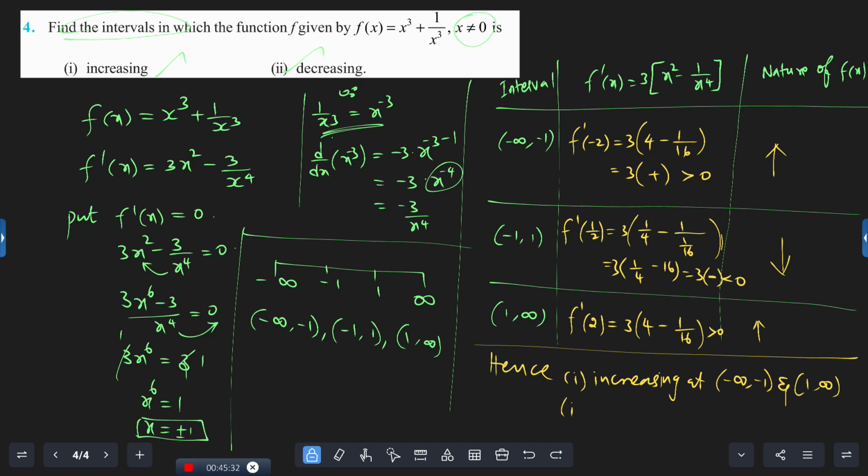Decreasing is minus 1 comma 1, excluding 0 because 0 is not allowed. That's it. This is the interval for the fourth one.